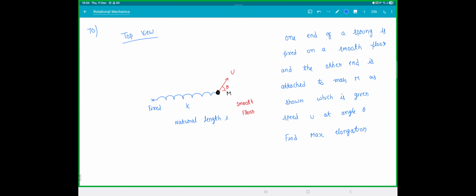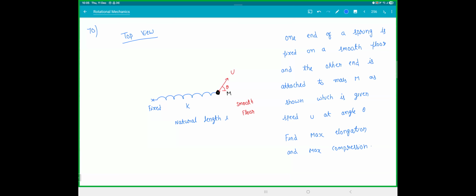There is no gravity, Matlab, it is on a smooth floor, so gravity is not there. Gravity is acting in and out of the plane, so we don't require that. I hope the picture is clear.